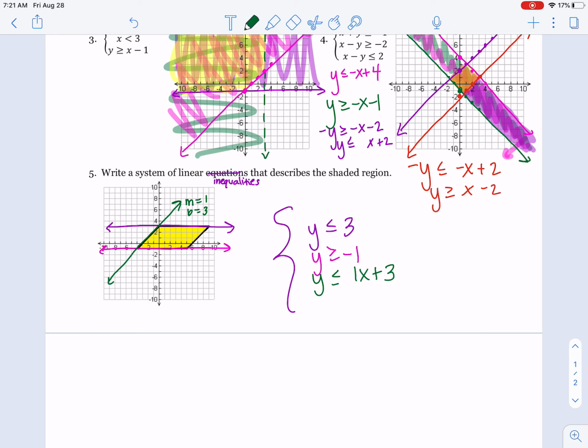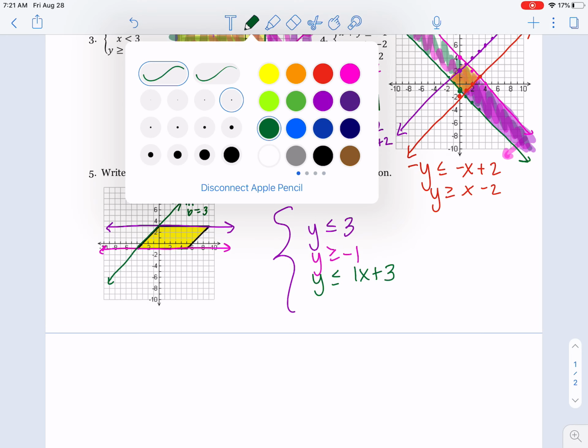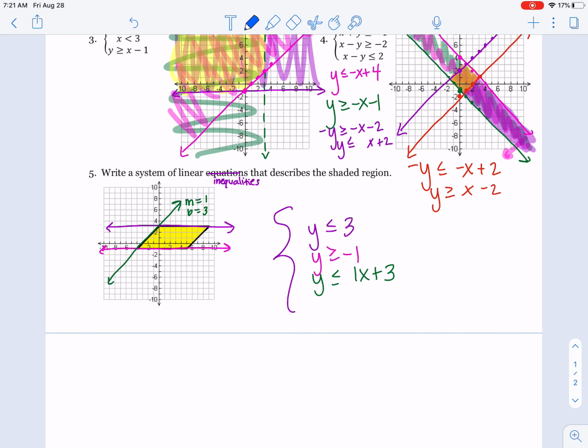And because it's a solid line, it's going to be an or equal to. And then same thing for my last one. I have a slope of 1, it looks like, as well. But this time, if I keep my line going, my y-intercept is going to be at -6. I am interested in everything above, so it's going to be a greater than. And it is a solid line, so it's going to be an or equal to.